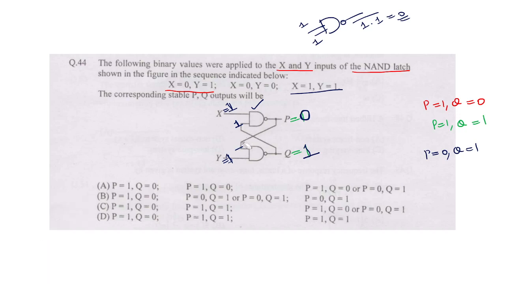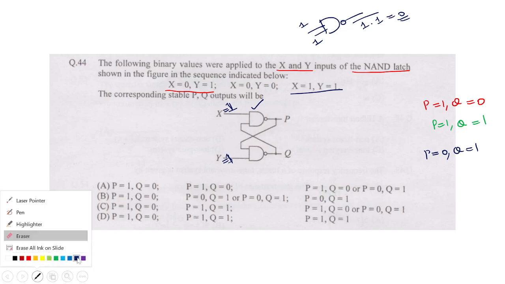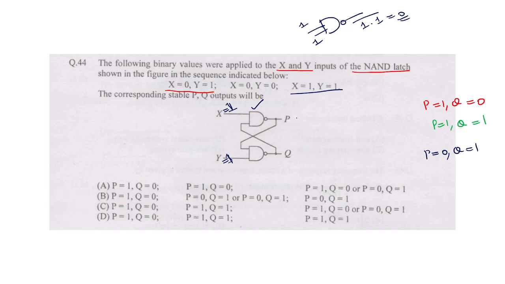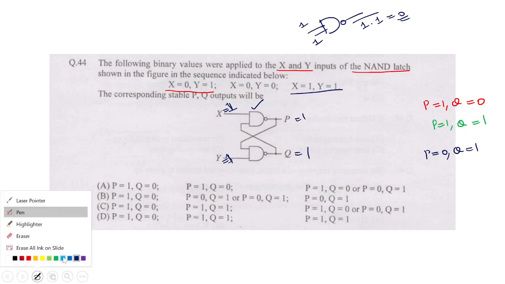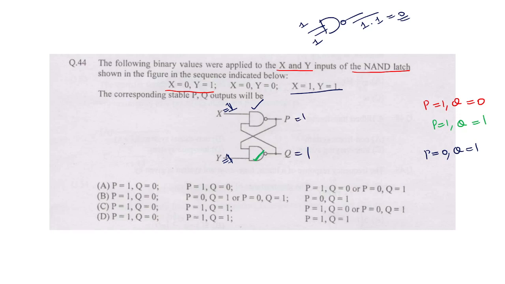Otherwise, if these are already 0, 1, 1, right? Instead, if this process is fast and this becomes 0, then this 0 is applied here, and this will be 1. So for the first combination, surely P equal to 1, Q equal to 0.